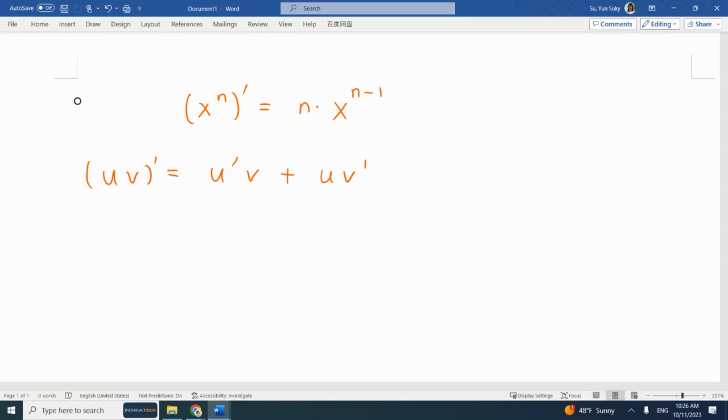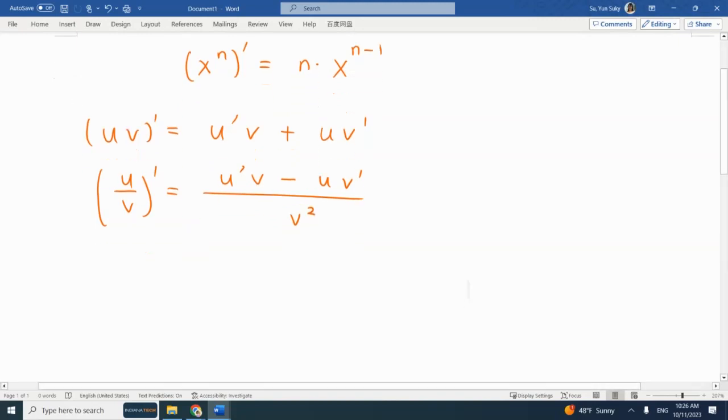Yeah, write it down. And then we learn the quotient rule. What's the quotient rule? u prime v plus or minus, over v squared, right?